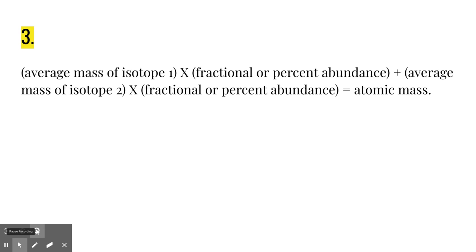Copper has two isotopes, copper 63 and copper 65. So remember the 63 and the 65, that's referring to their mass. The relative abundance of copper 63 is 69.1%, and copper 65 is 30.9%. Calculate the average atomic mass of copper.